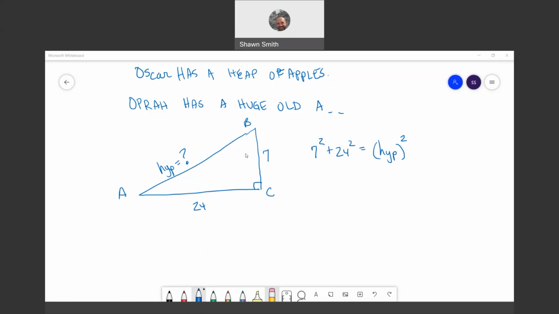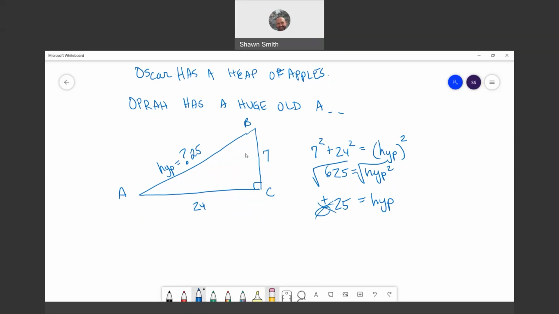Yeah, that's a nice number because the square root of 625 is technically plus or minus 25, right? But we're looking at a triangle. Triangles don't have negative sides, right? So we just got to throw away the negative. And so our hypotenuse is 25 there.